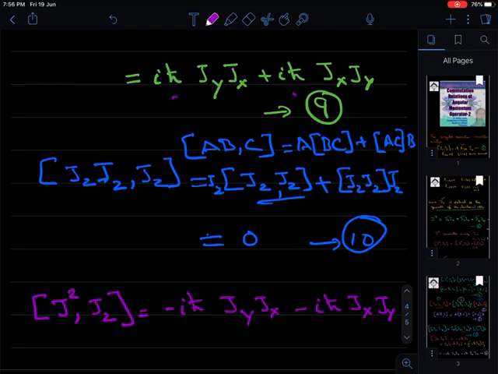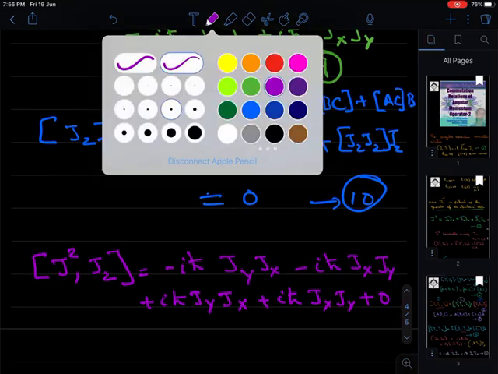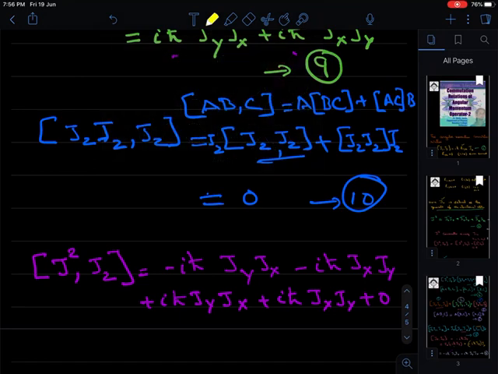And in the 9th one, look, plus iħ jy jx plus iħ jx jy. And the 10th equation is 0. So you can see that things get cancelled. Minus iħ jy jx, you have here also plus iħ. Again here you have minus and here you have a plus component.